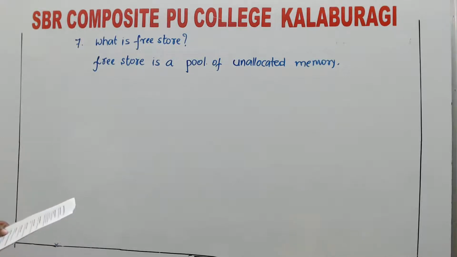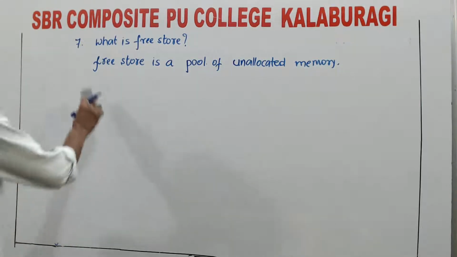Okay. Next is, write the definition for a variable of type pointer to float. You have to define the variable.